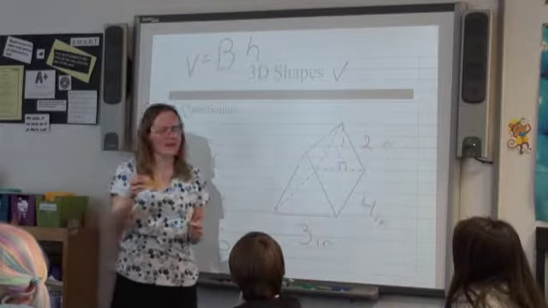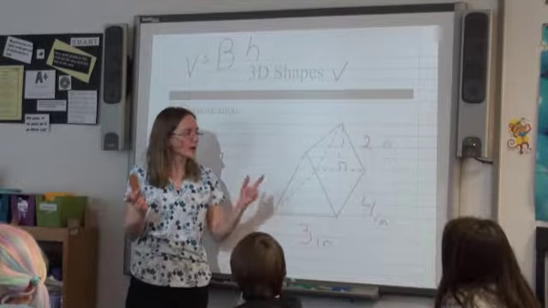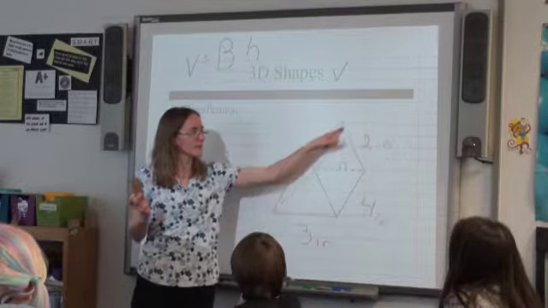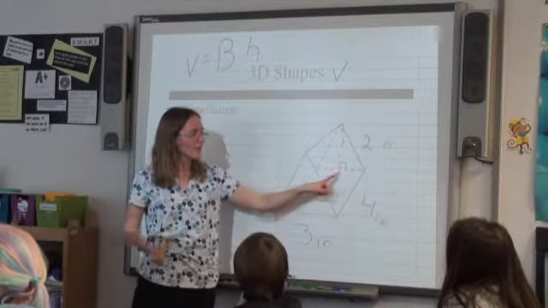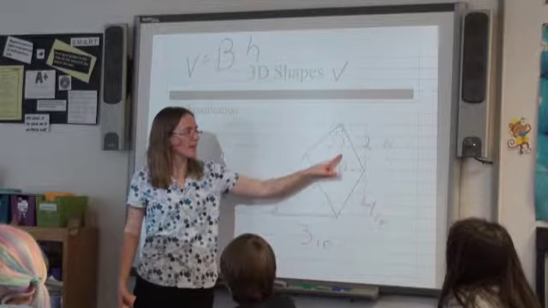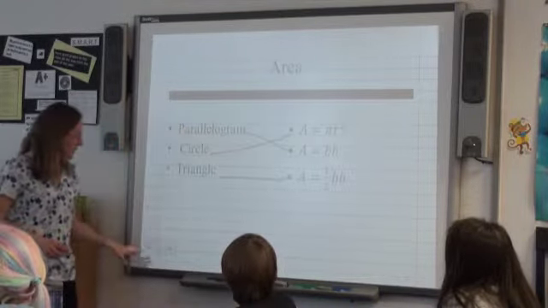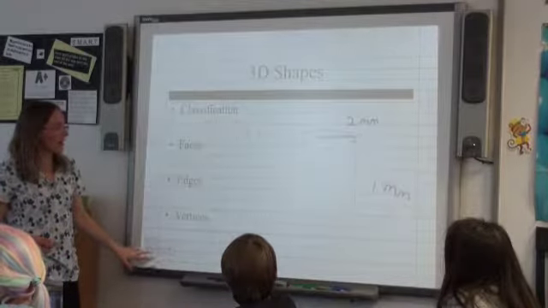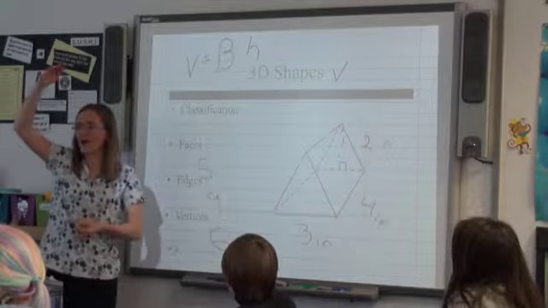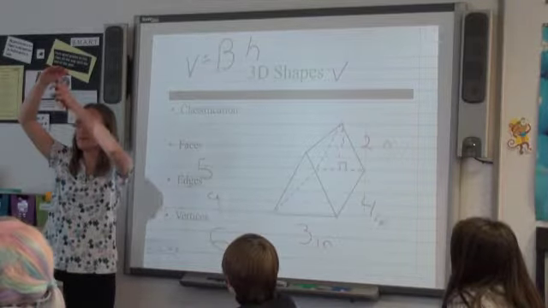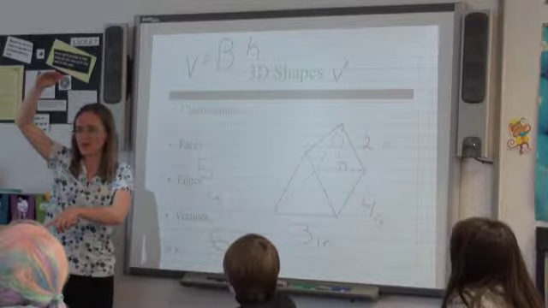So for a triangle, the area was half of base times height. But we also have the height of the prism. So another word for height would be altitude. Like if an airplane was flying overhead, the altitude, how high it is up atop, would come straight down to the bottom of the ground, making a perpendicular line.